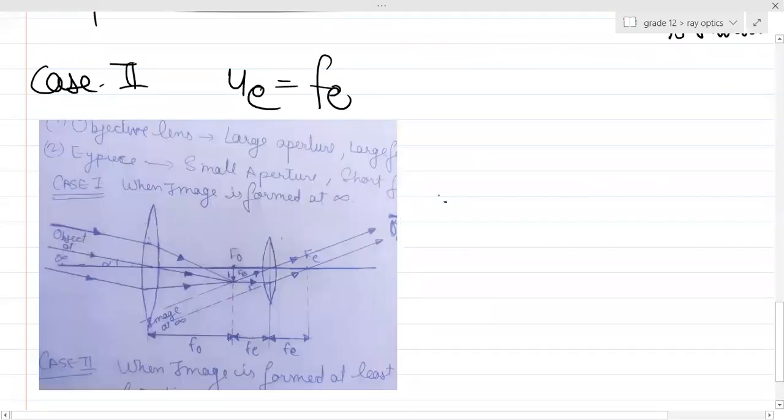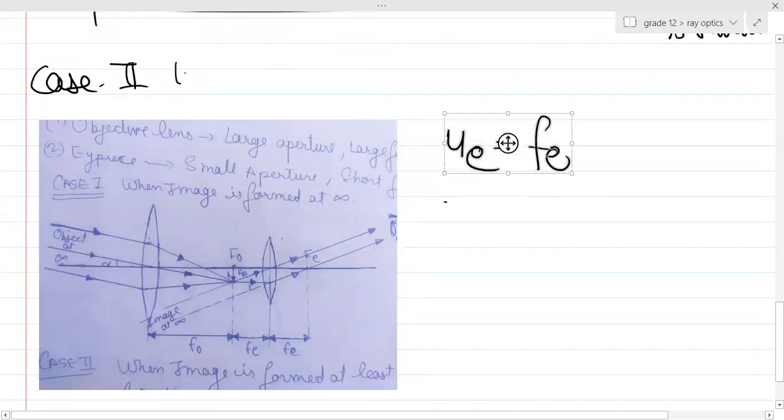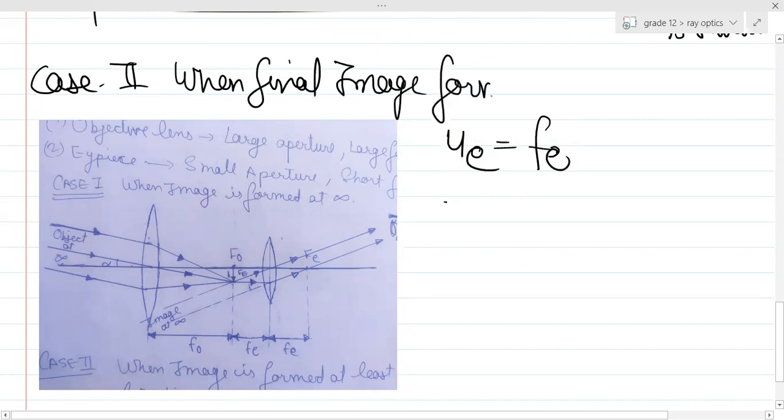So guys, can you see over here in the second case, the final image forms at infinity. Can you see the object distance from the optical center is basically equal to the focal length of the eyepiece.